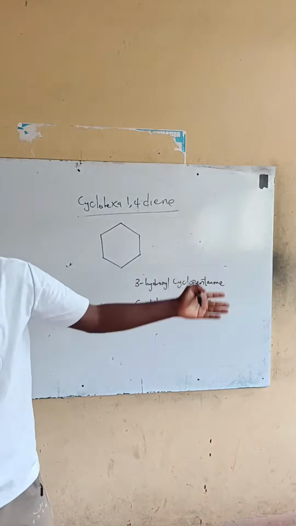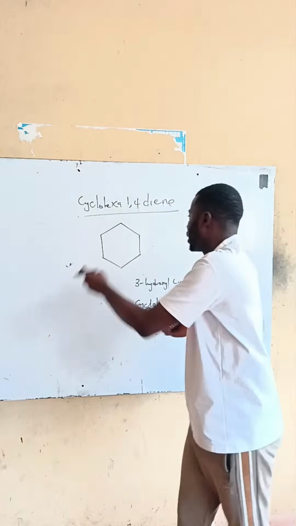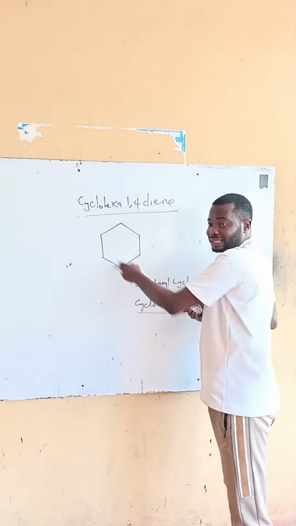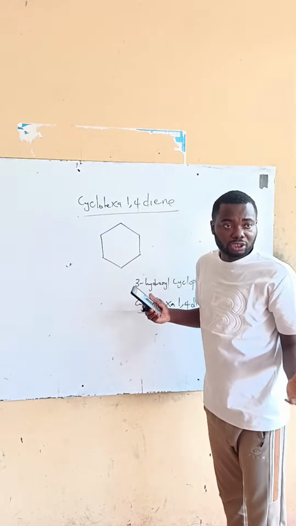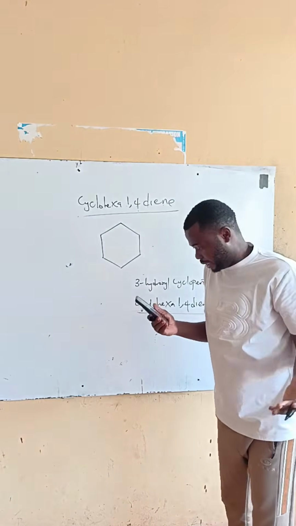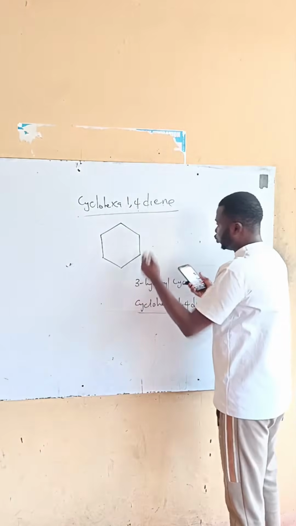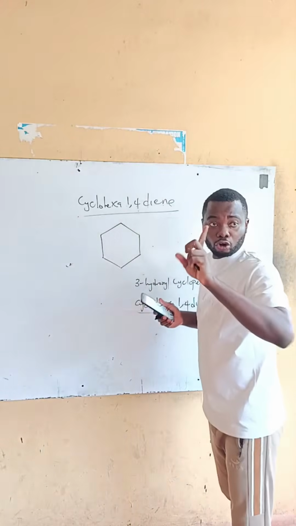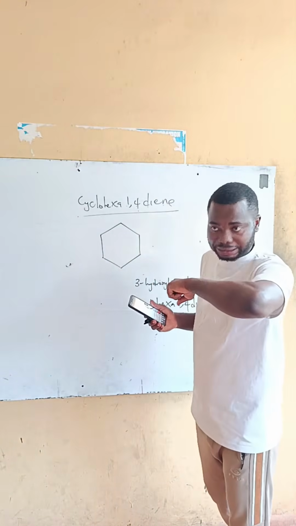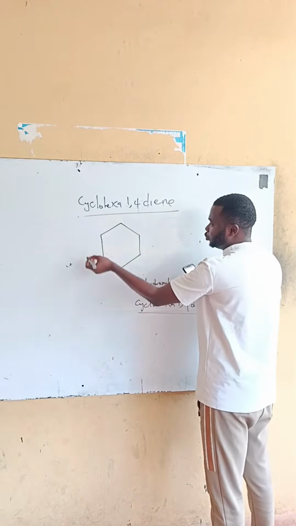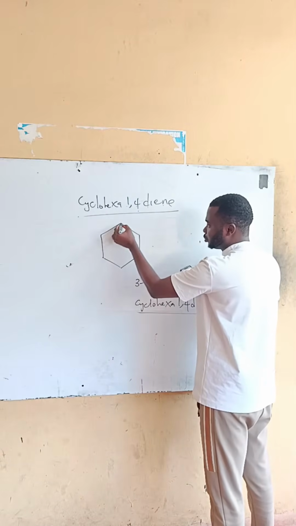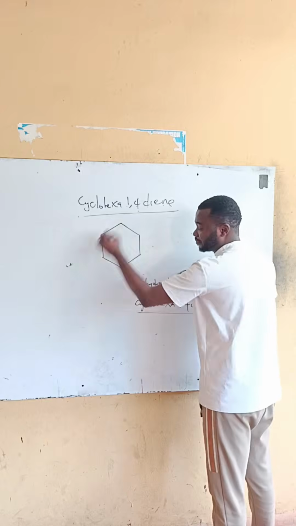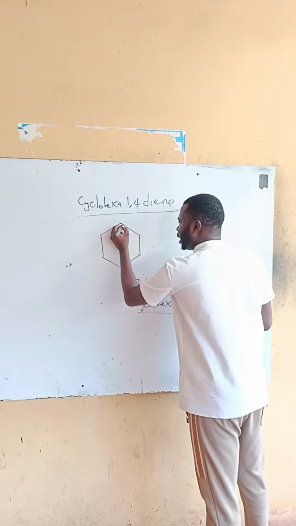Some people can pick theirs here, others here. That's why this structure will be different for different people drawing it. So for example, I can use any part for my number 1. Let's imagine that this is number 1.